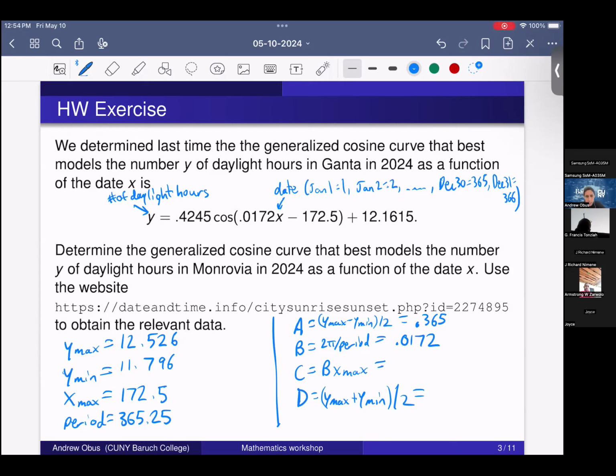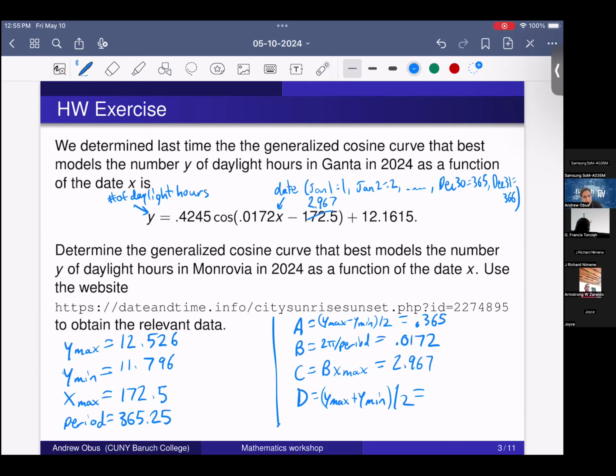So that's 0.0172 times 172.5, which should be 2.967. Sorry, this actually was wrong. This should be 2.967, and this is going to be 2.967.